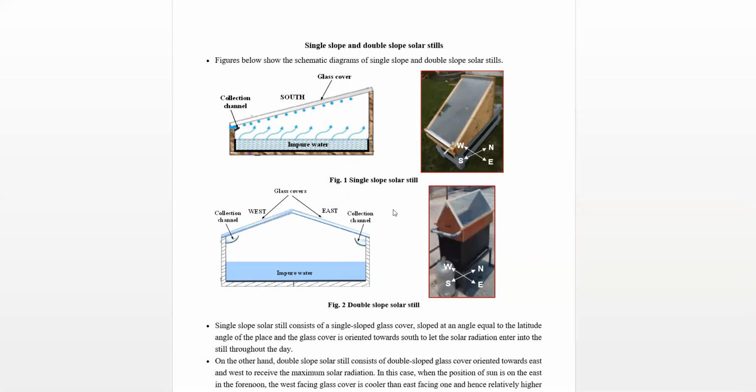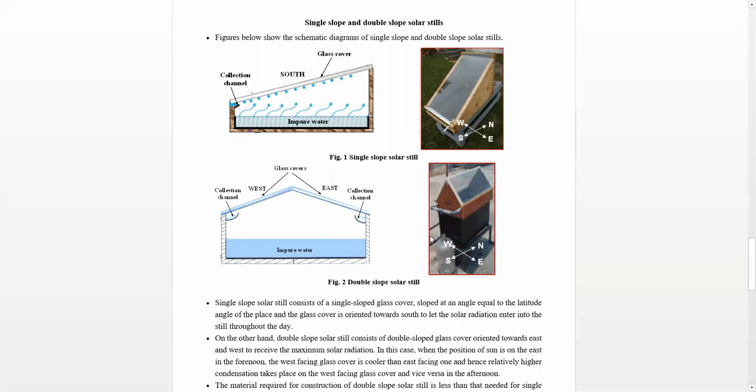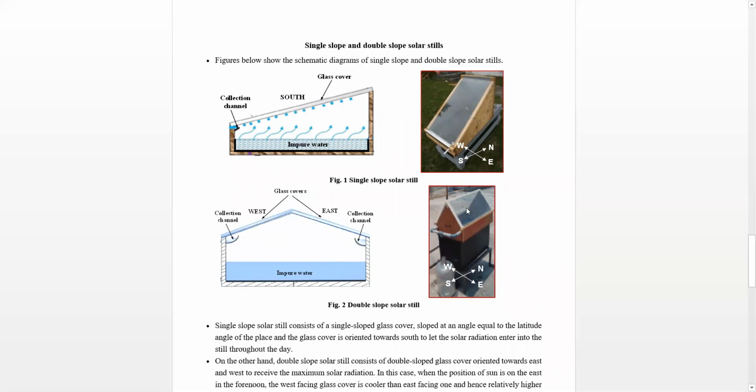In the morning the sun radiation enters the solar cell enclosure through this glass cover. And after the noon, in the afternoon, when the sun reaches towards the west direction, the sun radiation enters the solar system through the west glass.